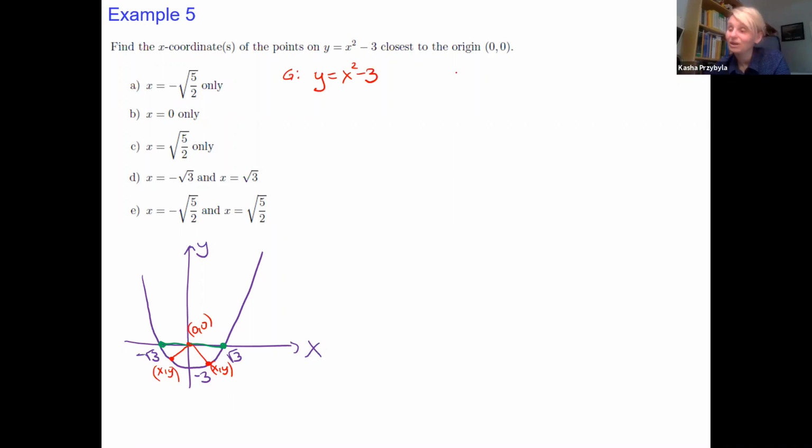Okay, required information. What do we have to do? We're looking for the points, but in what scenario? Closest. Find the point that is closest.